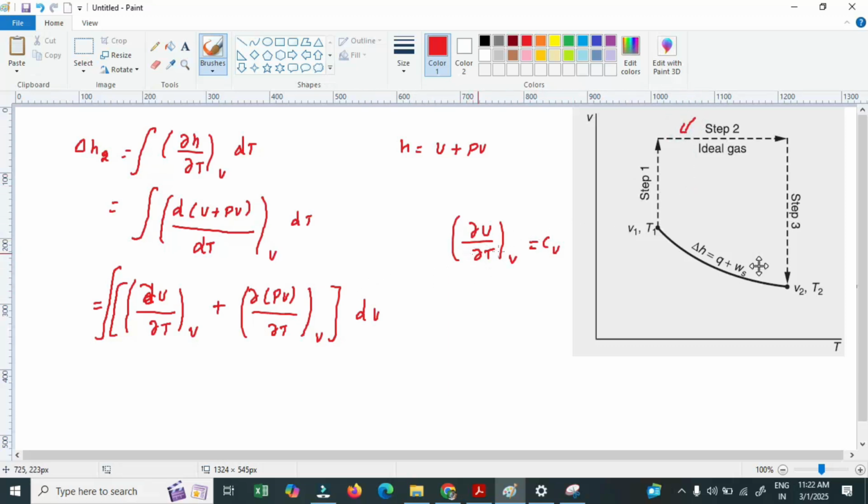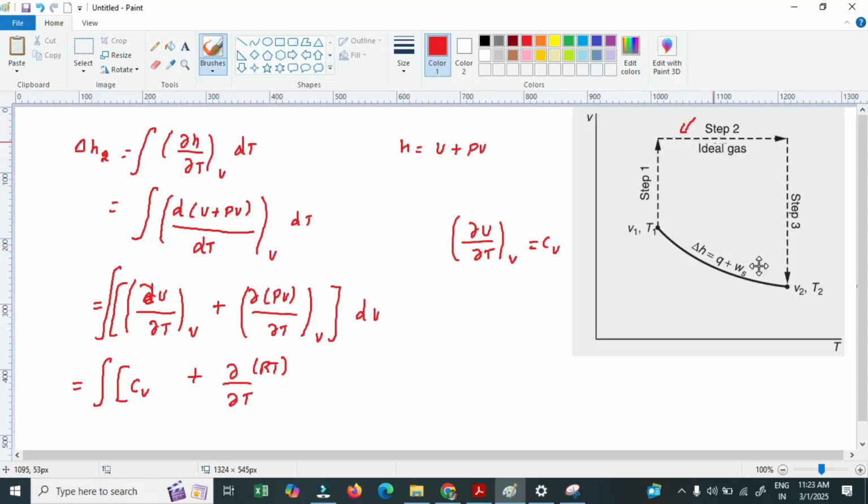This term can be replaced by Cv, and I can replace PV as RT. Therefore, plus dou by dou T of RT. Why am I replacing? Here in step number 2 we entirely have ideal gas condition, so I can apply the ideal gas equation.